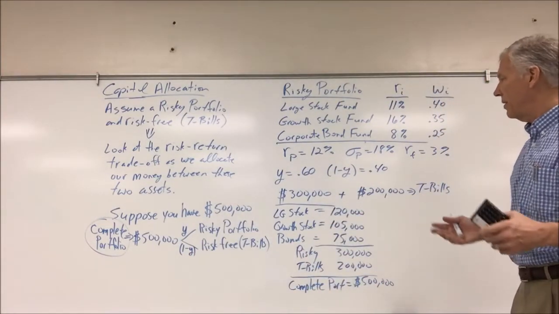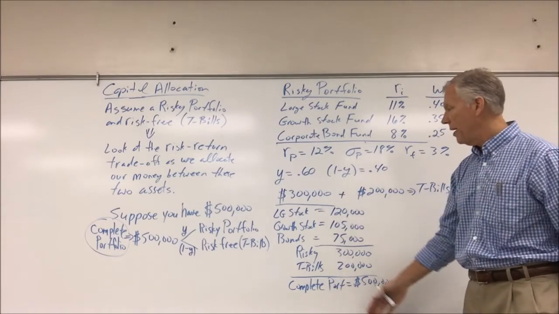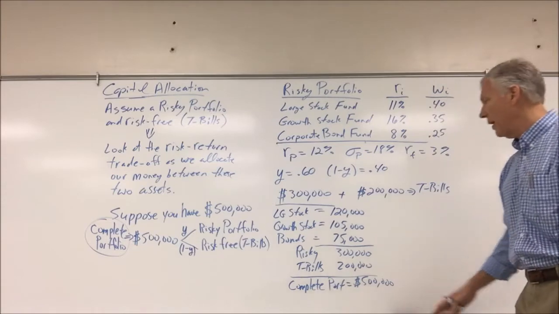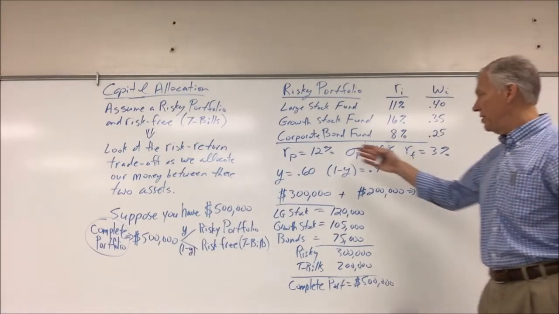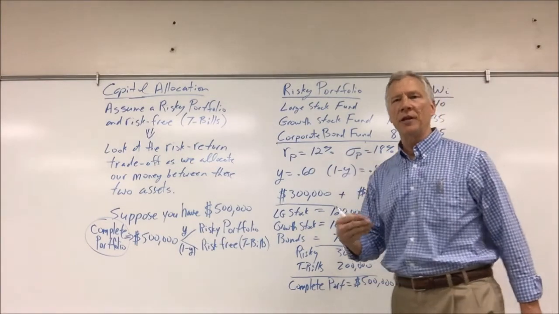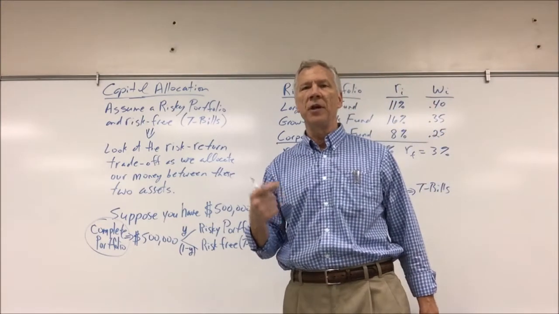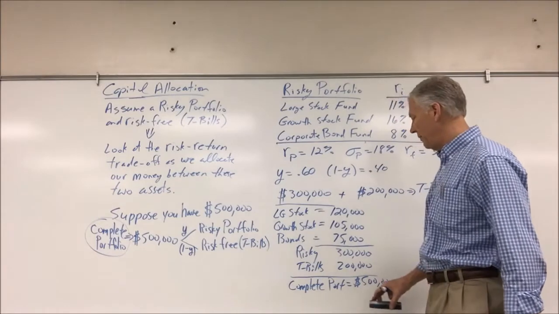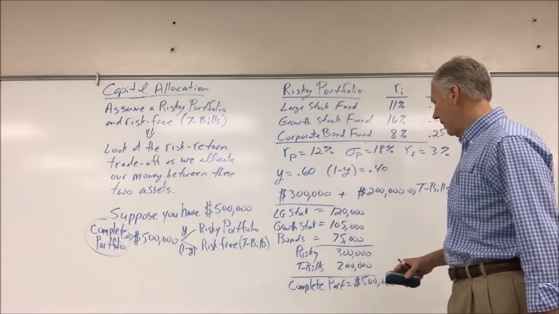Now, the key thing is to calculate the rate of return on our complete portfolio. We're going to use something similar to what I had up here a second ago. You're going to keep seeing this over and over again, where we tend to use weighted averages in finance to calculate these rates of return. So how would we calculate that?